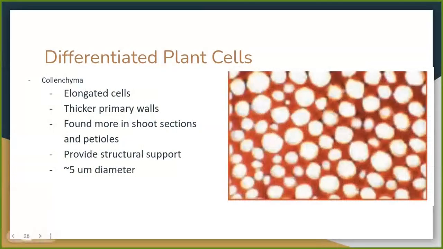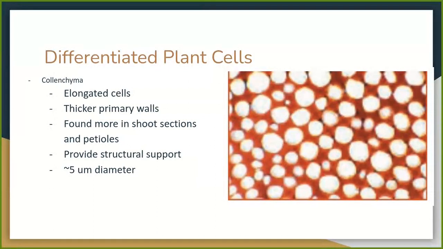Another type of plant cell is the collenchyma. Notice that all these types will sound kind of similar at the end. Parenchymal, collenchymal, and then sclerenchymal was the last one, I think. Sclerenchyma. So these collenchyma cells are grouped in strands, and they work as support for younger parts of the plant shoot. Usually they're elongated, they have thicker primary walls than parenchymal cells, but sometimes these walls are unevenly thick.